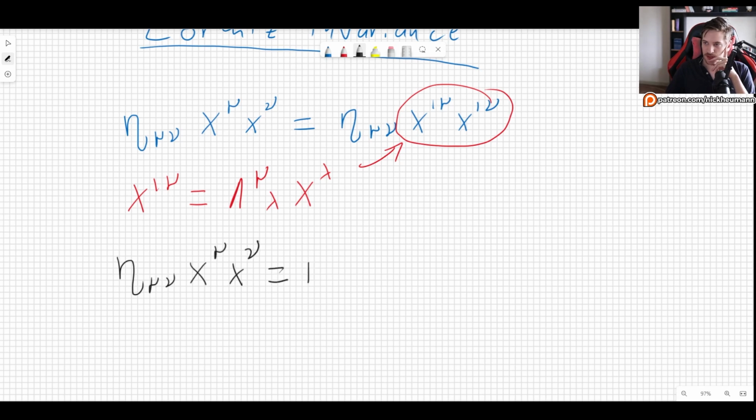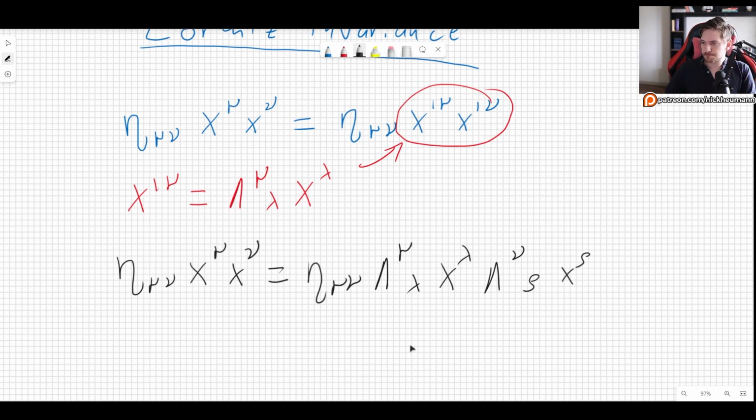This is equal to eta mu nu times lambda mu lambda x lambda, a little bit confusing perhaps, and then lambda nu. And I guess here we're going to have to be a little bit careful in terms of naming. So we can't just call this lambda again, otherwise it's going to be confusing. So I don't know, rho or something. And x rho. Okay. All right.